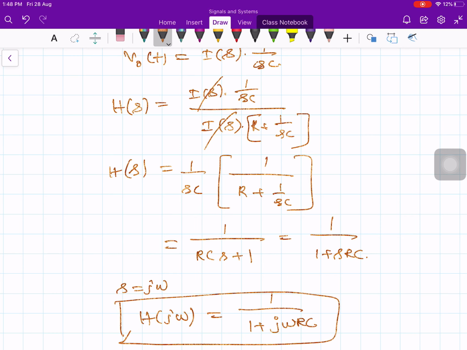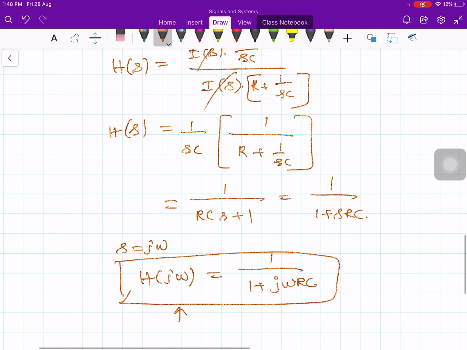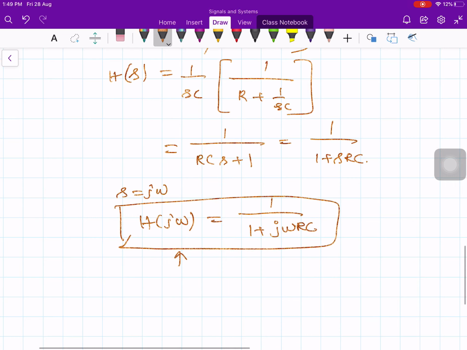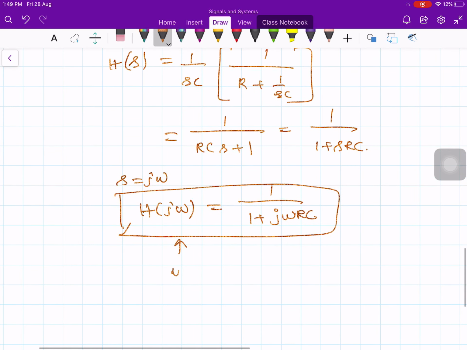So this is a general system function, or frequency response function, for a particular omega. But we are interested in evaluating this for particular values of omega, which are omega naught, 2 omega naught, 3 omega naught, 5 omega naught, and so on.